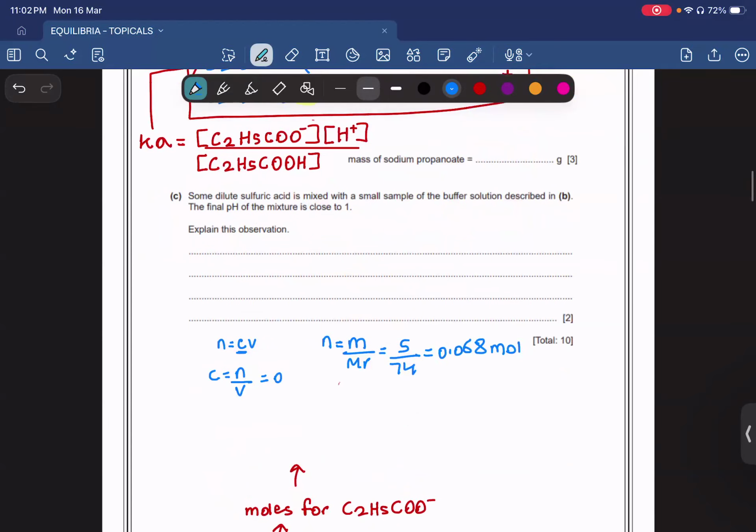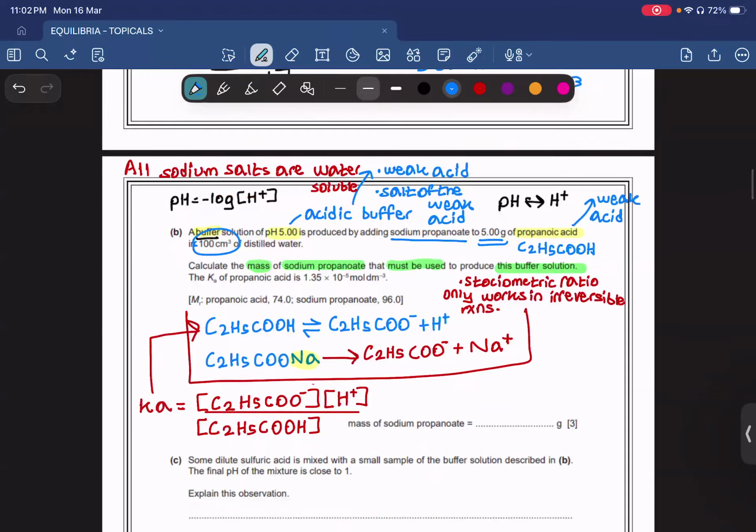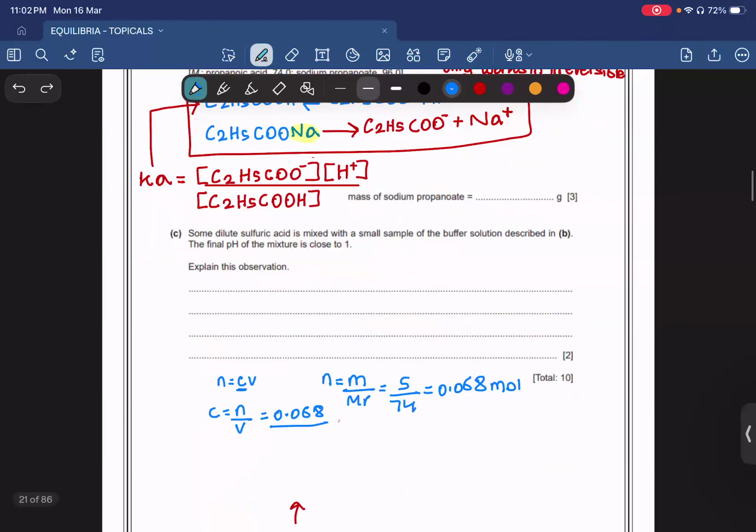Now you put 0.068 here, and then you divide this with what is the volume? 100 cubic centimeter. Always remember to convert this into decimeter cube. So centimeter cube to decimeter cube becomes divide by 1000. So this is just 100 over 1000, which is 0.1.